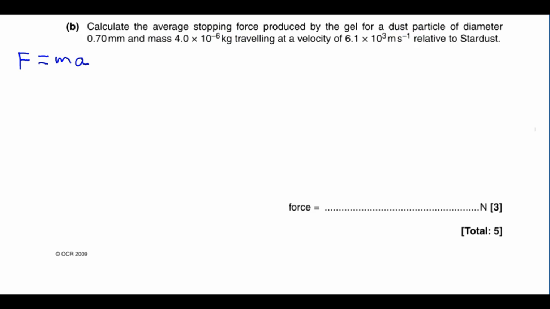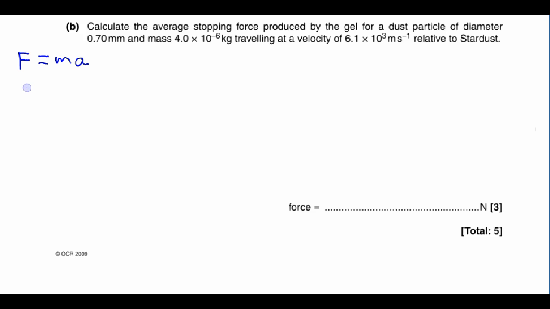So the stopping force will be equal to the resultant force on the dust particle. To calculate this force, we need the mass, which is already given to us, but we don't know what the acceleration of the dust particle is inside the gel. So we need to use another equation to find the acceleration.